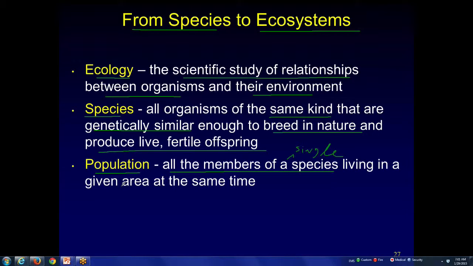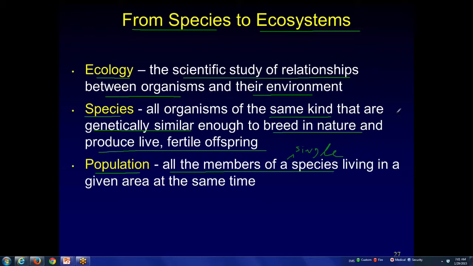Members of a species living in a given area at the same time that have the potential to mate with each other. That's part of the idea of the population. So population is only one species, folks, living in that area, and of course there will be matings between the members of the population.